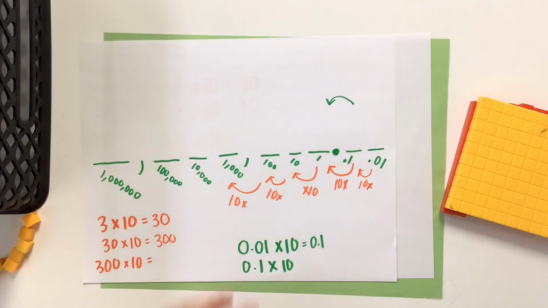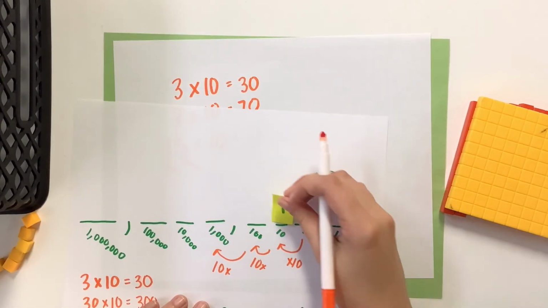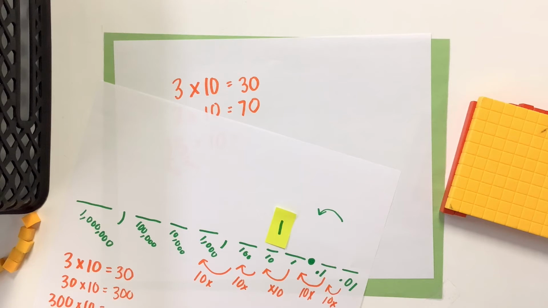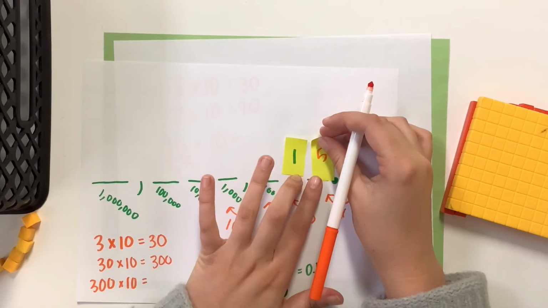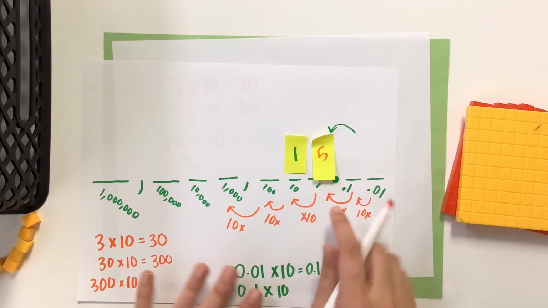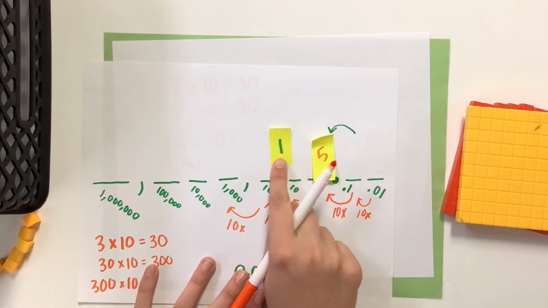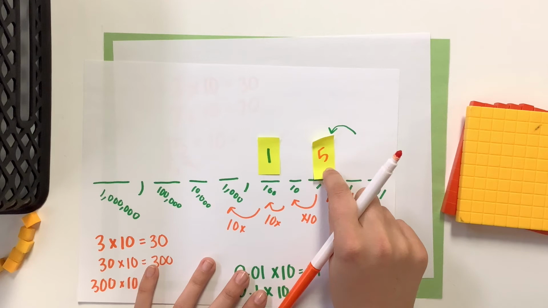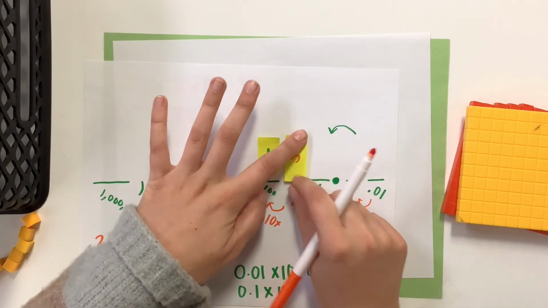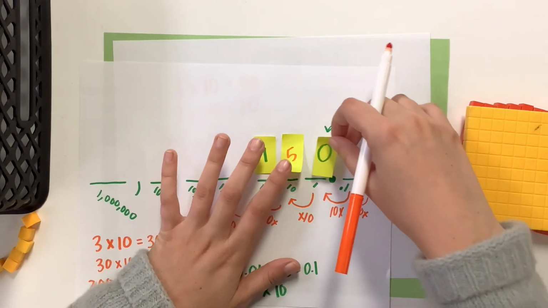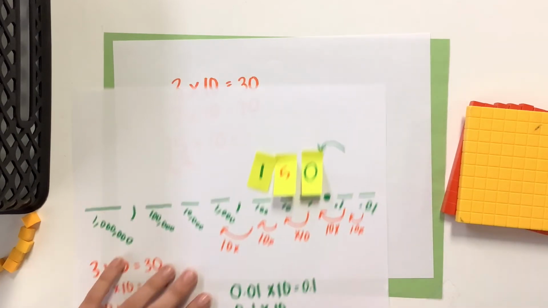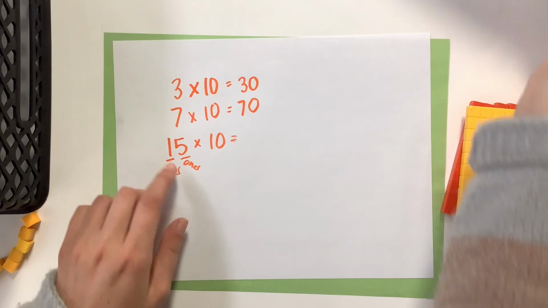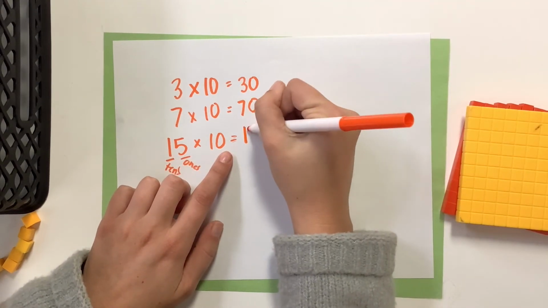If it's going to get 10 times greater, this 1 is going to move to the hundreds place. This 5 is going to move to the tens place. Nothing will be left in the ones place. And our new number is 150. So 15 times 10 is 150.